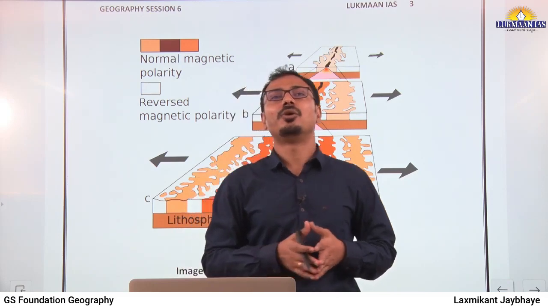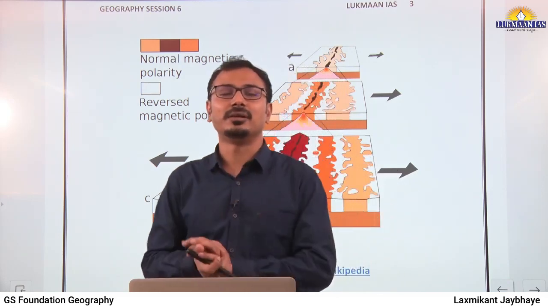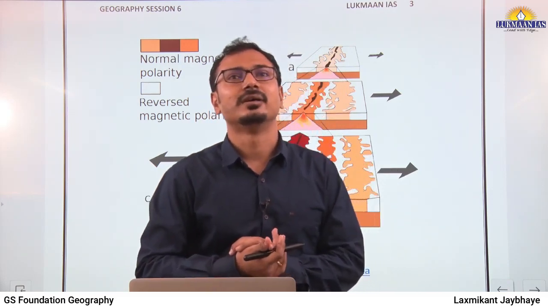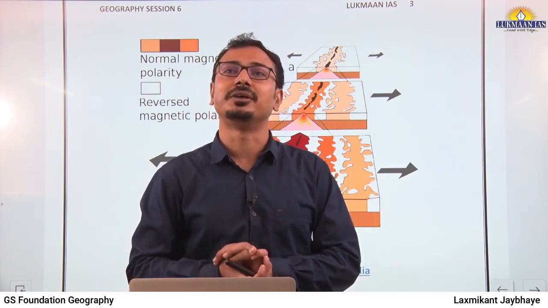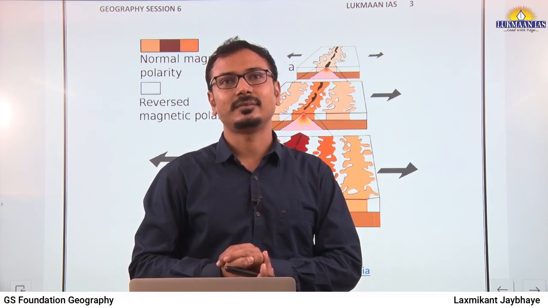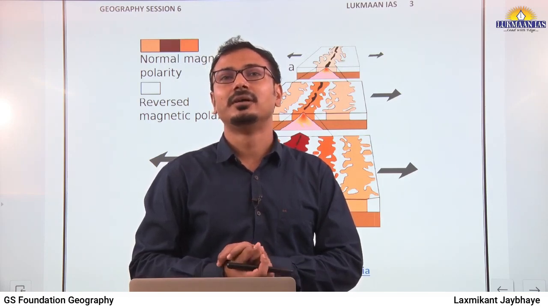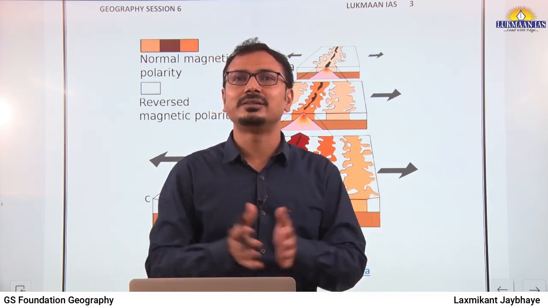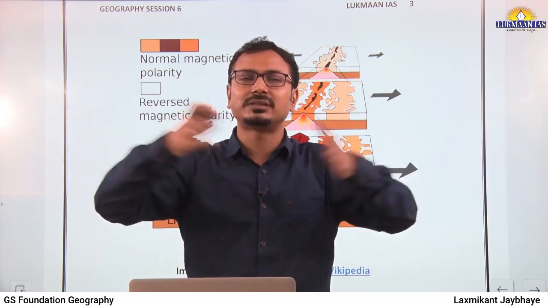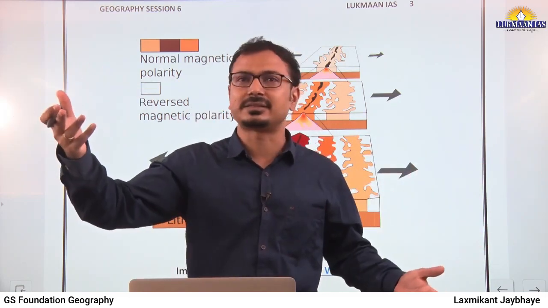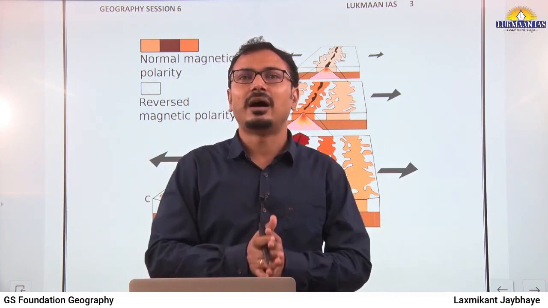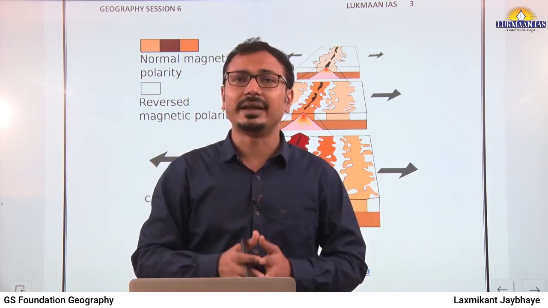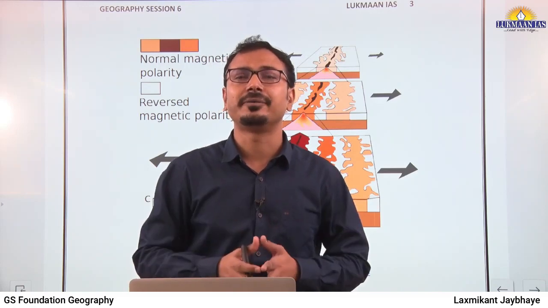For example, in the southern Pacific Ocean the floor is expanding at 15 centimeters per year. Nowadays we are able to map the oceans and their distances through satellite studies. Now it has become very easy to understand how they are spreading and at what rates.